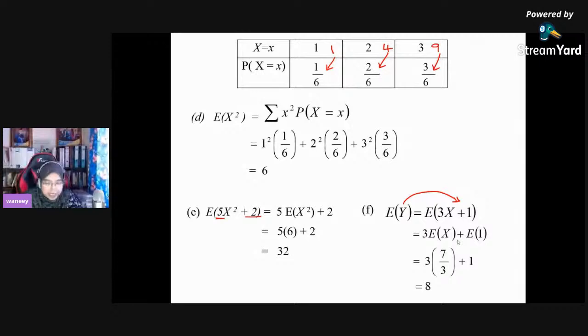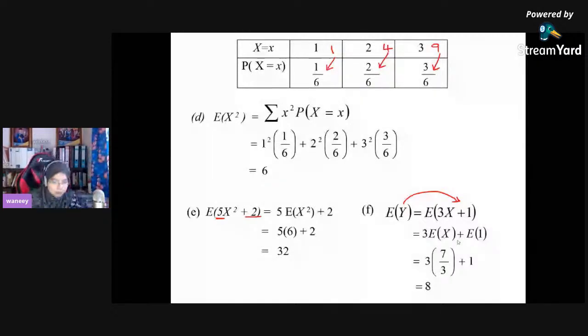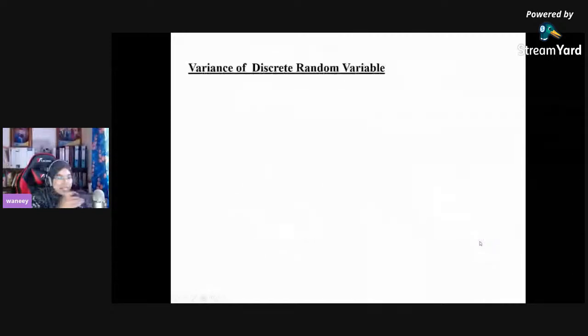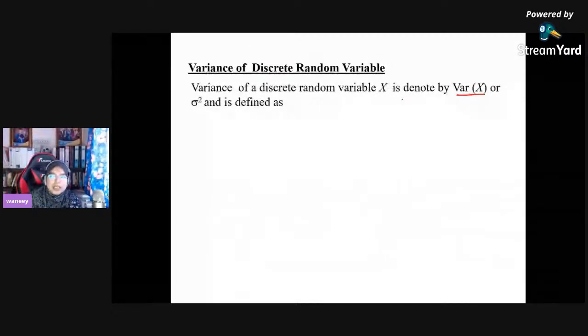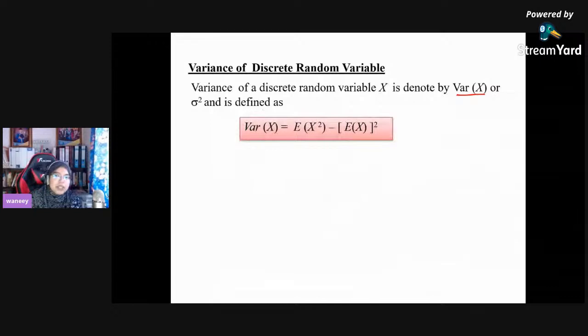So now let us go to the last one. Variance. There are 2 more examples, but this is the last one, variance. Okay, next. Variance of a discrete random variable. So variance is denoted by Var(x) or sigma square and is defined as, variance of x is simply equal to expectation of x square minus expectation of x, with a square.